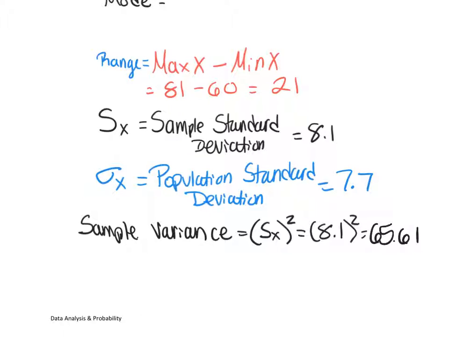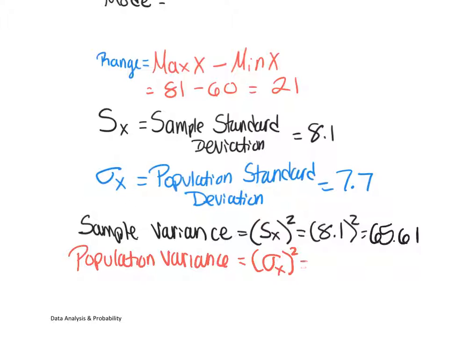And then you can do the population variance, which is the population standard deviation squared. So you would just do in your calculator 7.7 squared, which is 59.29. Okay, any questions so far?